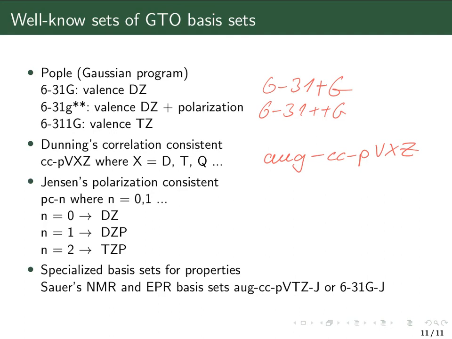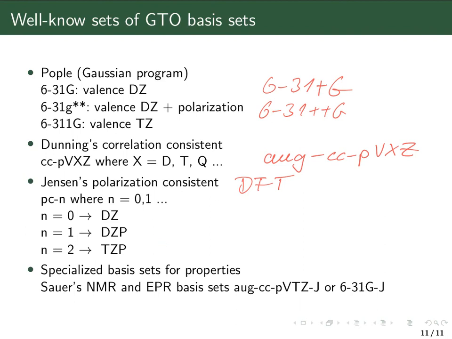Recently, some years ago, maybe 10 years ago, there was developed by Frank Jensen in Aarhus another series of basis sets, which is actually optimized for density functional theory calculations. So they are made for DFT. They are made in a similar way as Dunning's correlation consistent basis sets, but whereas these are made for coupled cluster and configuration interaction calculations, Jensen's basis sets are made, as I said, for density functional theory and Hartree-Fock calculations.